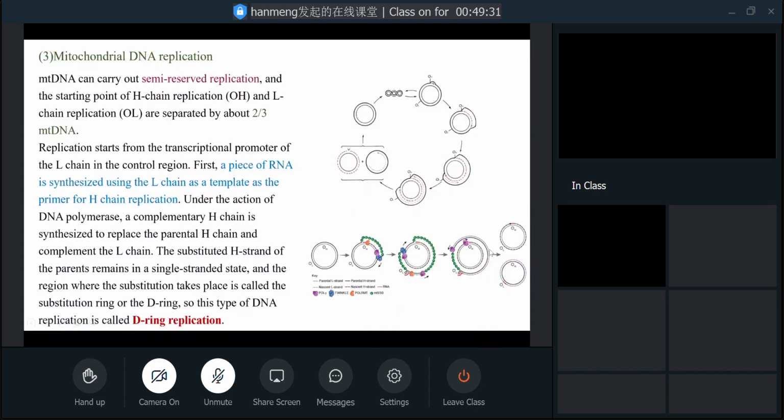Finally, after the heavy chain and the light chain finish the replication, two new mitochondrial DNA molecules appear. Then they will start another replication cycle.